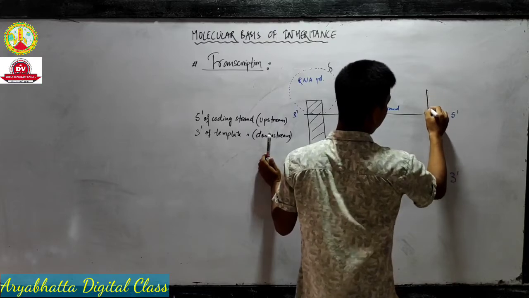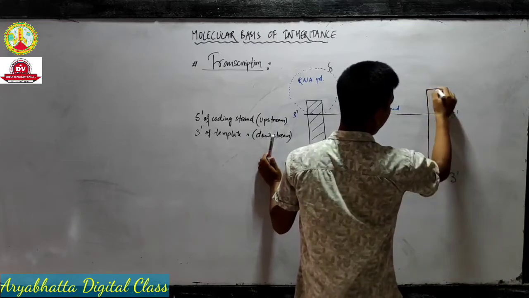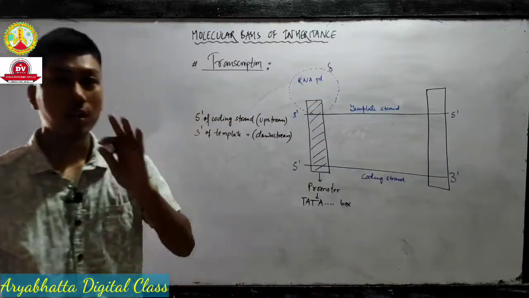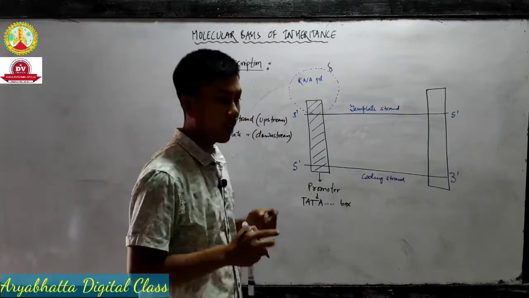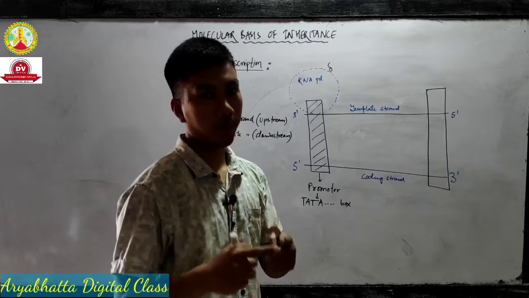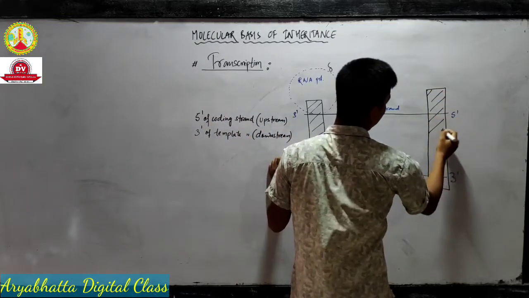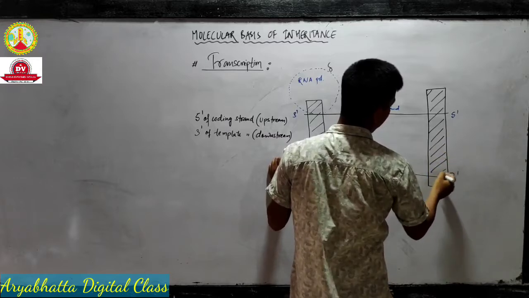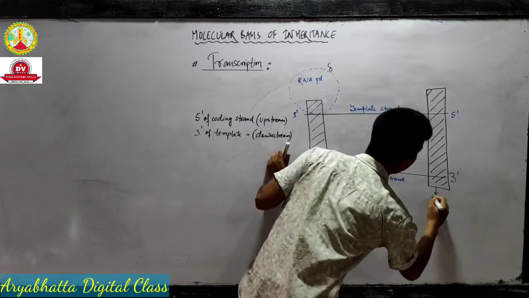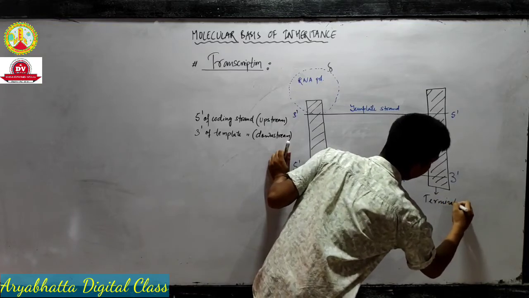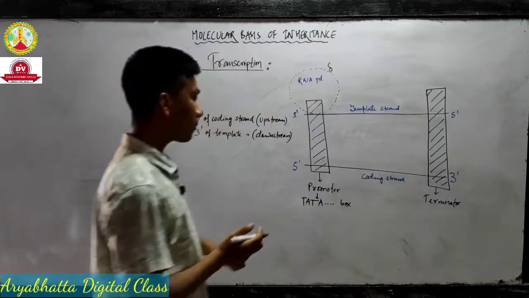Again, at the end of the DNA strand, there is another nucleotide sequence where the transcription process is stopped, and that sequence is known as the terminator. It doesn't mean the movie Terminator, it's just named terminator because it terminates all the enzymes.